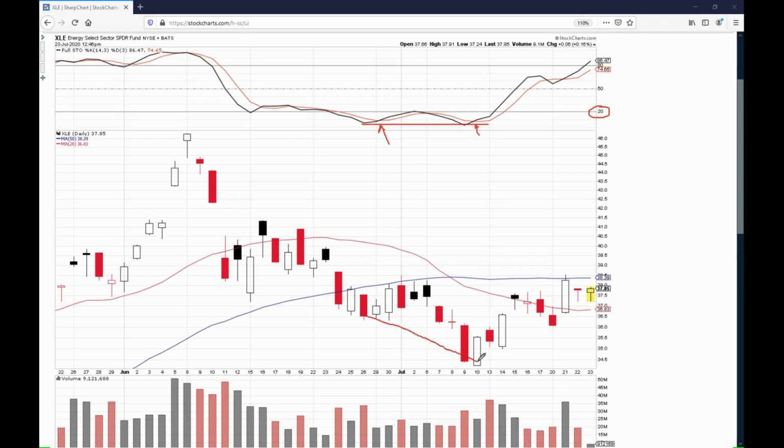When prices go to higher highs, the indicator should climb to higher highs. And when the prices go to lower lows, the indicator should go to lower lows. And that didn't happen. Here we had lower lows in both the indicator and the stock. Here we made a lower low in the stock, but not in the indicator. So there was a little added element there, a little bit of an additional signal.